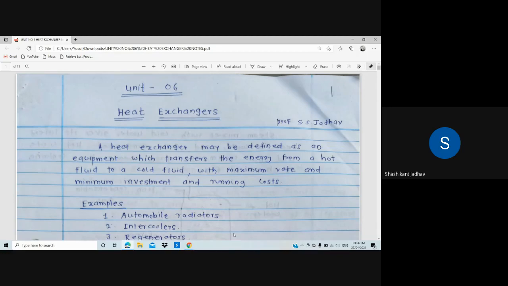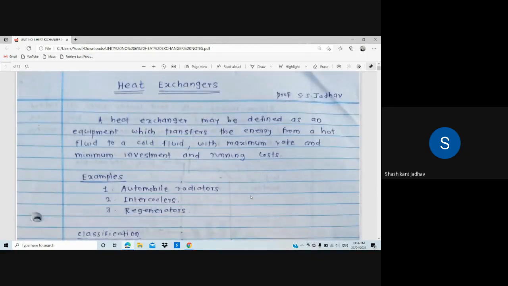Okay, what are the examples for this heat exchanger? All of you write down the examples of the heat exchanger. First example: write down automobile radiator. Second example is intercoolers.